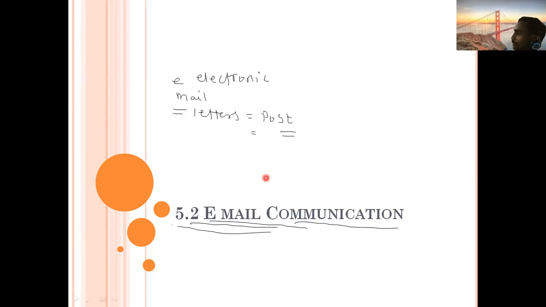So email is very important. But when you become an employee of some organization, at that time maximum communication, 95% communication, will take place with the help of email. So we need to be familiar with this new form of communication, that is email communication.